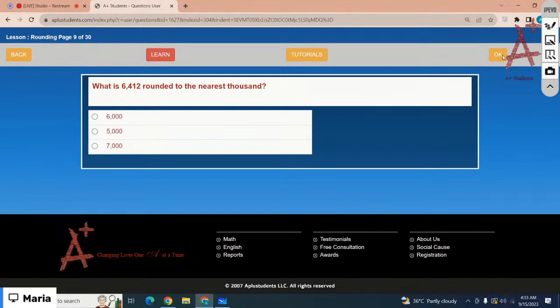So the correct option is option number 1, right? It would be rounded off to 6000, right?